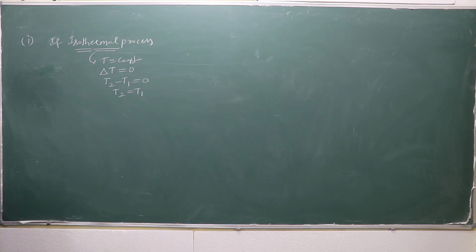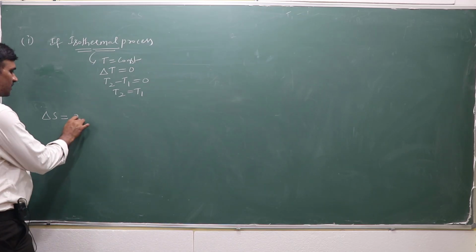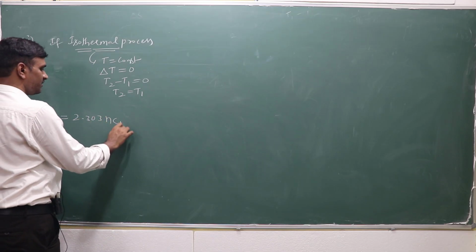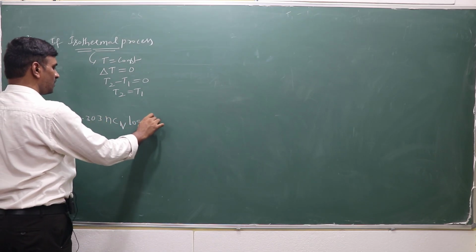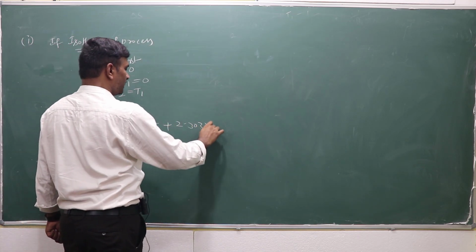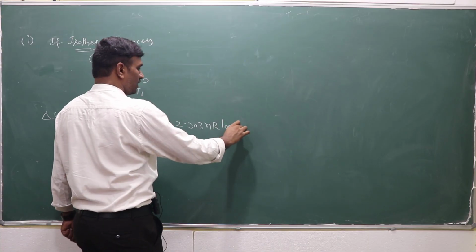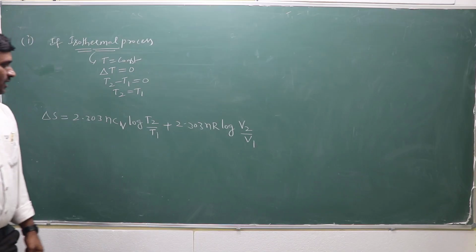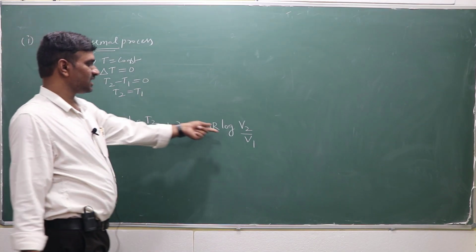Now, if you take this change in temperature and volume relation, what is that relation? 2.303 NCV log T2 by T1 plus 2.303 NR log V2 by V1. This is one relation, for the change in entropy with temperature as well as volume changes.